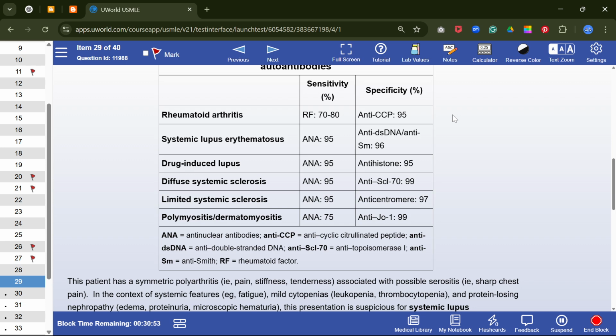For drug-induced lupus, sensitivity is again ANA, but confirmatory is antihistone antibody. For diffuse systemic sclerosis, anti-Scl-70, and for limited variety, anti-centromere antibody. And for polymyositis and dermatomyositis, anti-Jo-1 is positive.